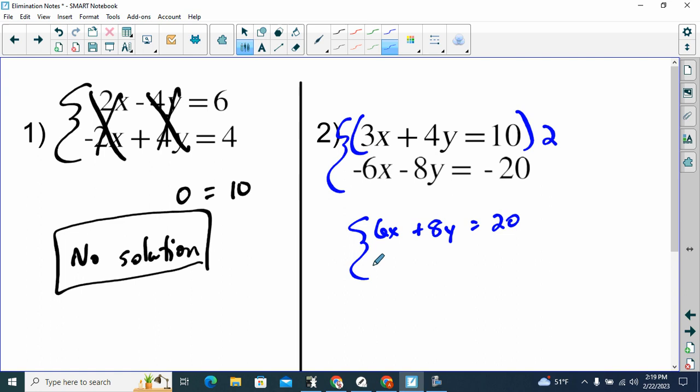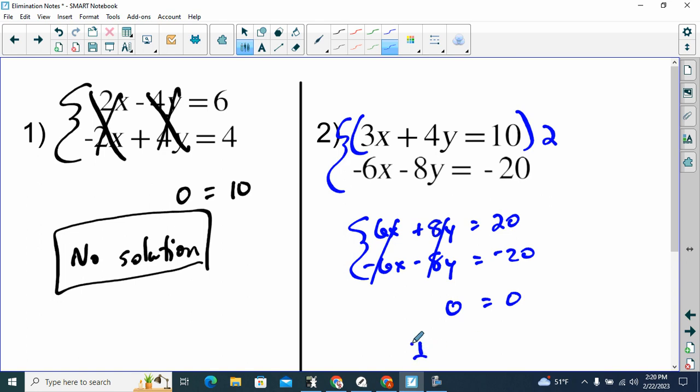Bottom equation stays the same. Add the equations together. 6x minus 6x cancels. 8y minus 8y cancels. On this side, I've got 0. 20 minus 20, that's 0. Well, 0 is equal to 0.